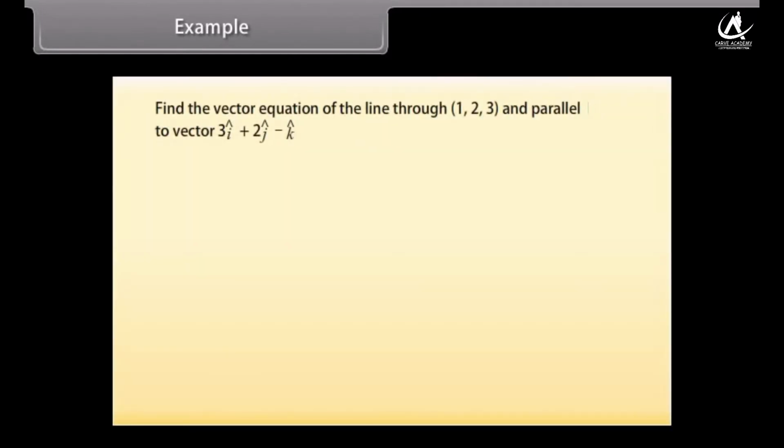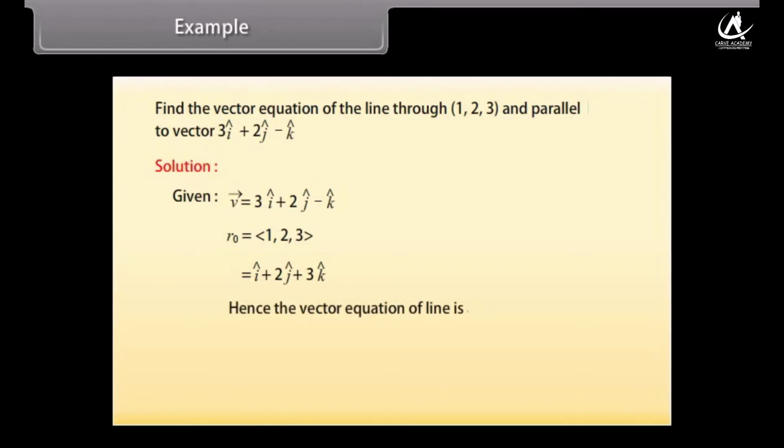Example. Find the vector equation of the line through (1, 2, 3) and parallel to vector 3i plus 2j minus k. Solution. Given vector v equals 3i plus 2j minus k. r0 equals (1, 2, 3) equals i plus 2j plus 3k.